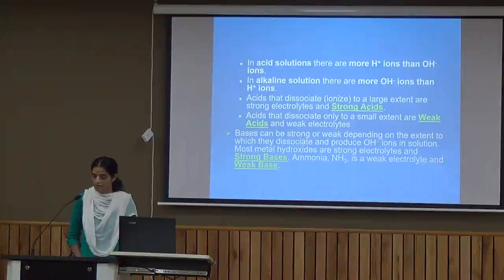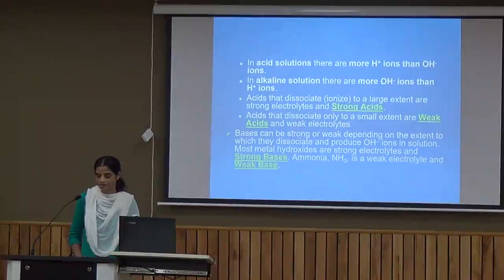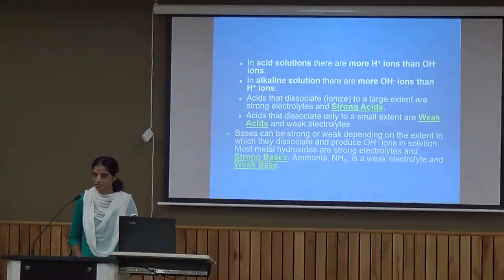And acids which furnish these hydrogen ions to a small extent in water are called weak acids. Since they are weak acids, they are weak electrolytes. Similarly, strong acids are strong electrolytes.